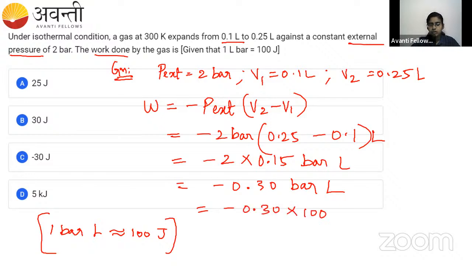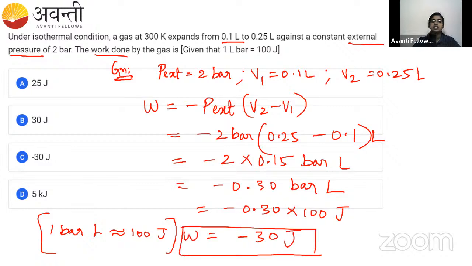Okay, if I multiply this by 100, I will get the answer in terms of joules. So it will be equal to minus 30 joule. So the work done for the given process is minus 30 joule. Which option? C is the correct answer. Okay, just only one formula we are going to apply. Rest all are so easy.